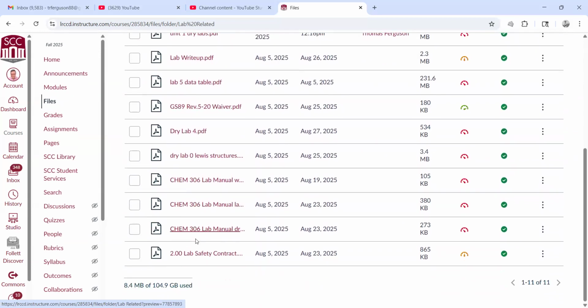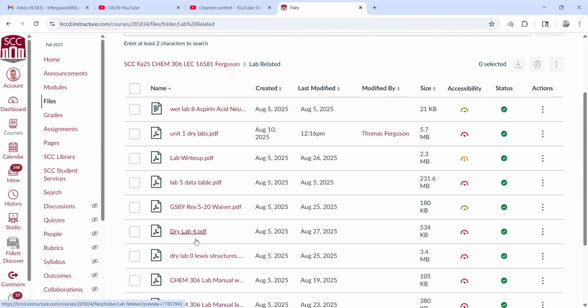I'll post a zipped file of the answers. I'm making it now.